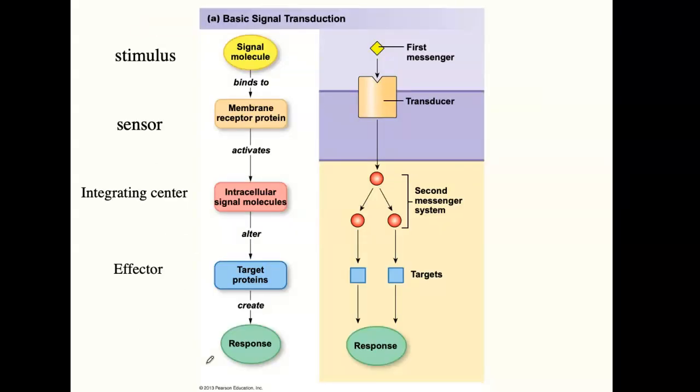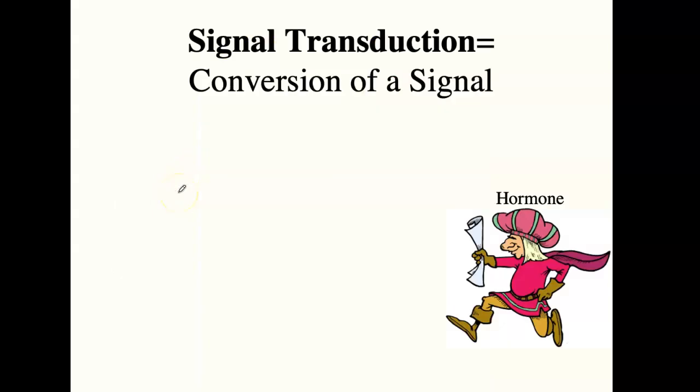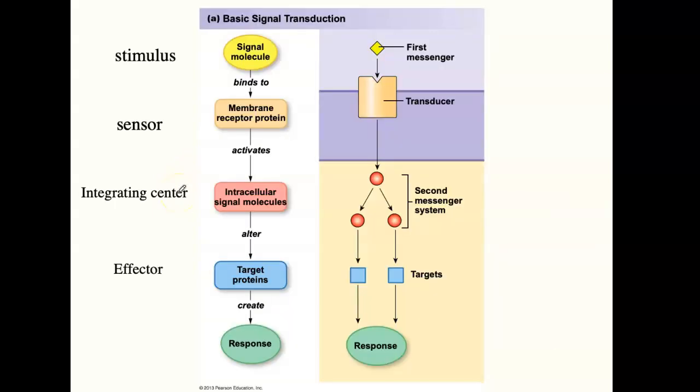Okay, let's go back to this diagram. We looked at this diagram before when we were looking at homeostasis, and the fish tank was the analogy, where we had a stimulus and a sensor and an integrating center. The way that these worked: the stimulus was low temperature. The water in that tank was too low.